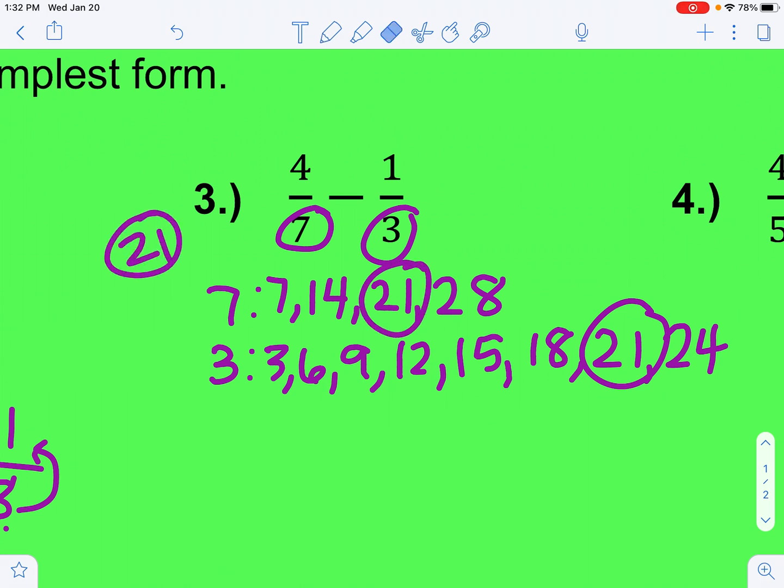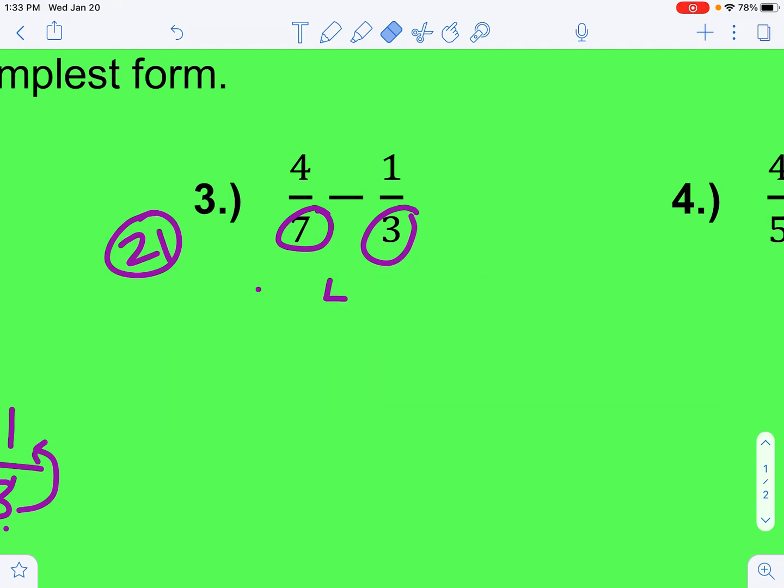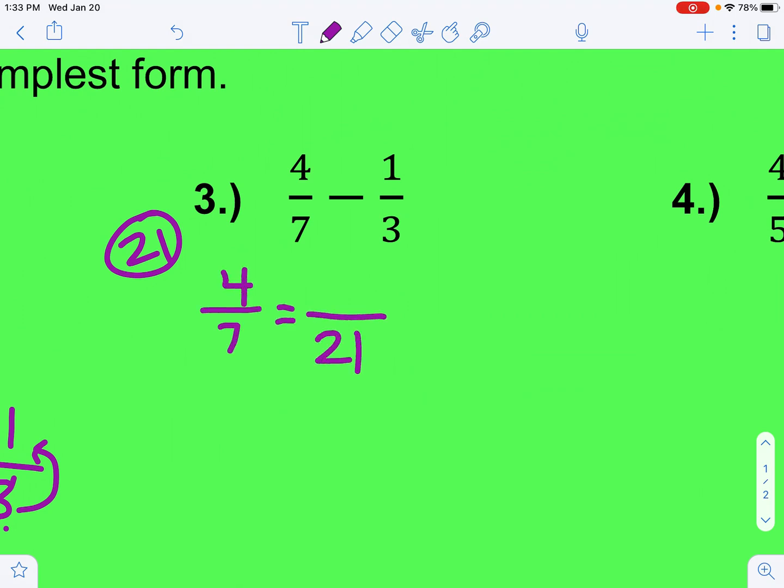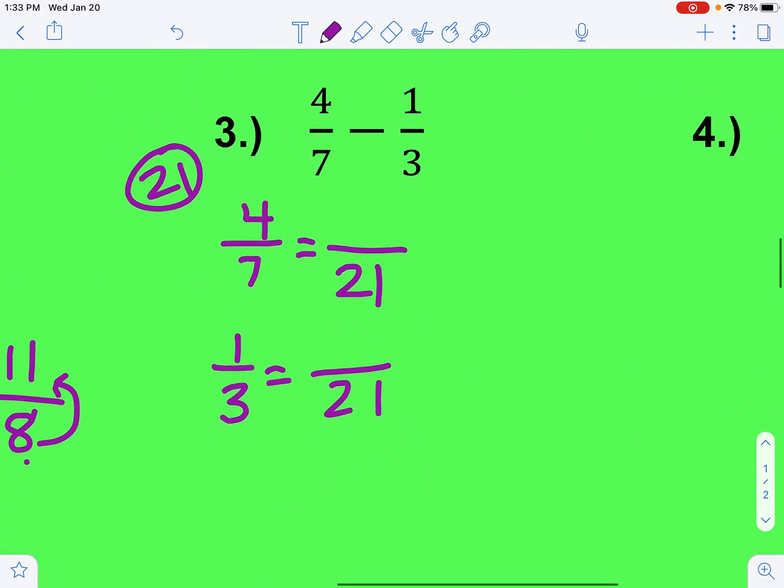That's our denominator. Once we have our denominator, I like to just erase this, that way I have a lot of room to work. So we need to change both of the fractions to have a denominator of 21. Starting with 4/7, 7 times 3 gives us 21. We need to take 4 times 3, which gives us 12.